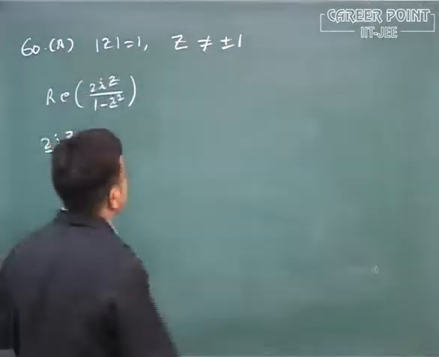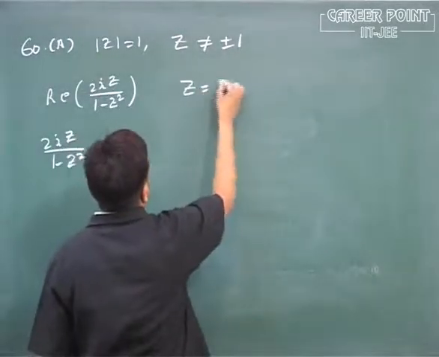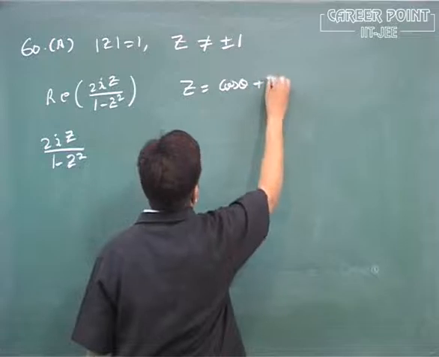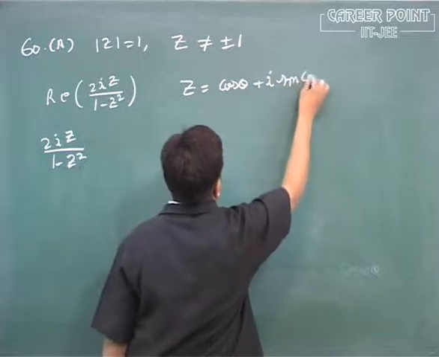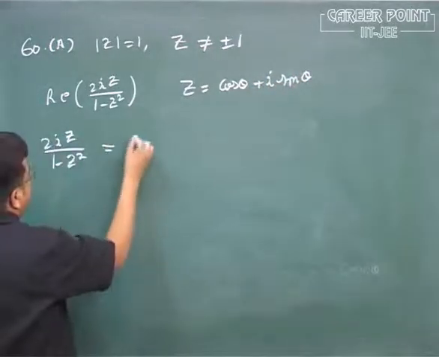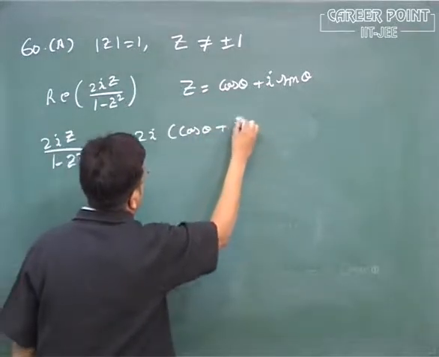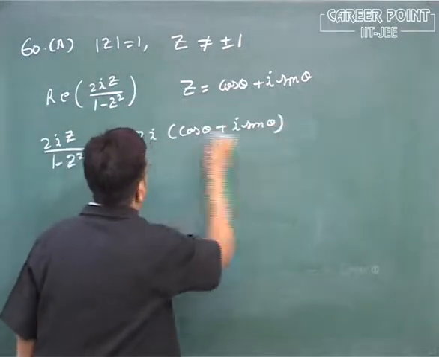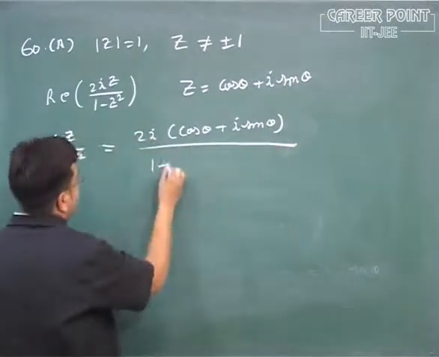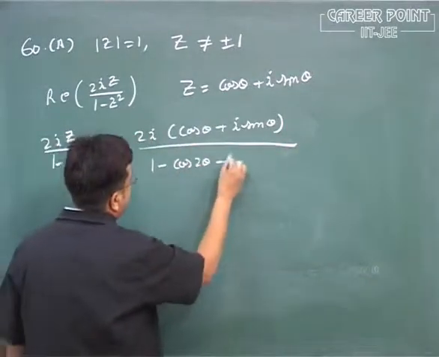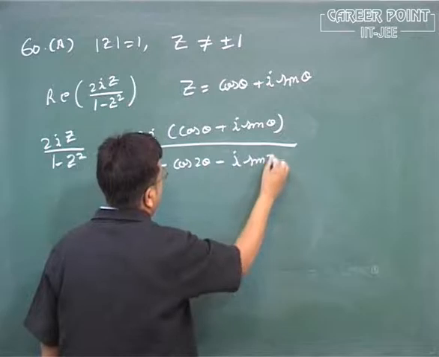As mod z is 1, considering let z is equal to cos theta plus iota sin theta. Substituting this value here, 2 iota (cos theta plus iota sin theta) upon 1 minus cos 2 theta minus iota sin 2 theta.